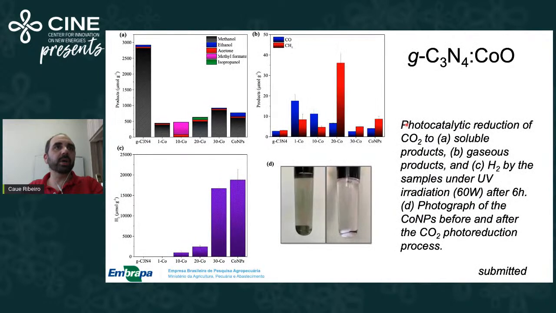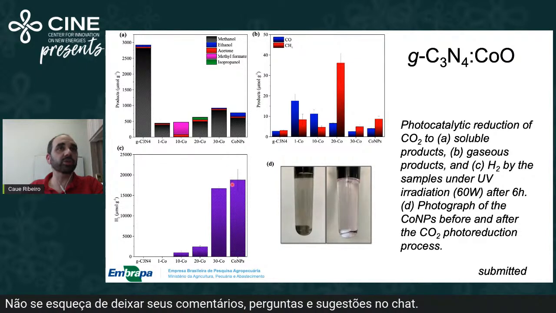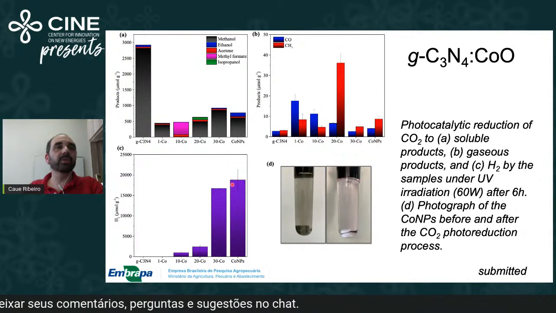We have studied, going back to the idea of carbon nitrides, which is one of the most studied materials in our laboratory. We have seen that different modifications over the system can lead to a very active system to produce methanol, but the modification with cobalt oxide can lead to a system that is very active for hydrogen production. The difference between both systems is that the system with only cobalt oxide, although still active to produce hydrogen, is totally unstable.